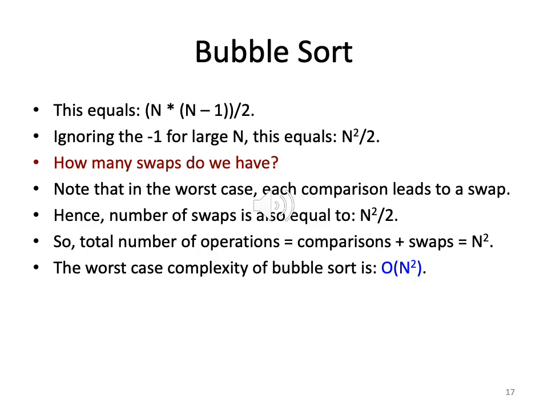If you do all the steps, you will observe that each and every comparison will be leading to a swap. Here we are looking at the worst case performance. So in the worst case, every comparison leads to a swap. So therefore the number of swaps is also n square divided by 2.